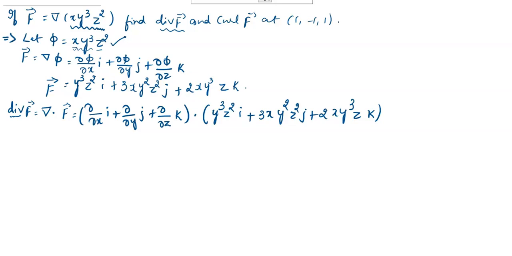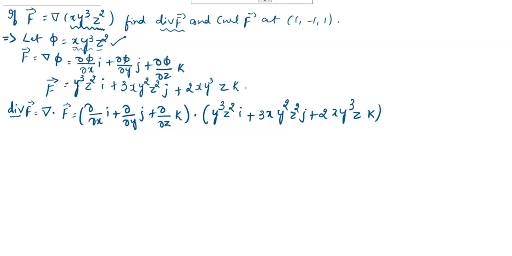When we take the dot product of the same unit vector, the value is 1. The dot product of different unit vectors, for example i dot j and j dot k, will be 0.